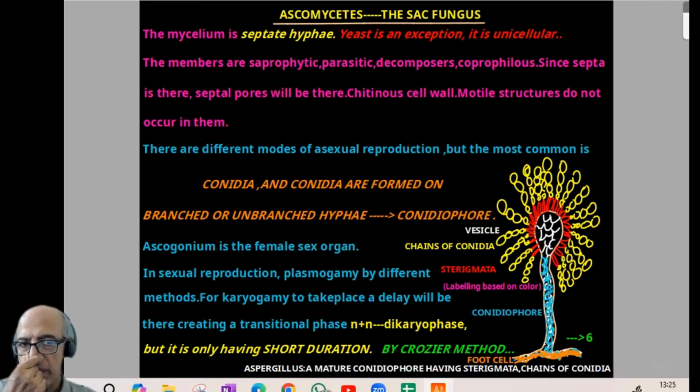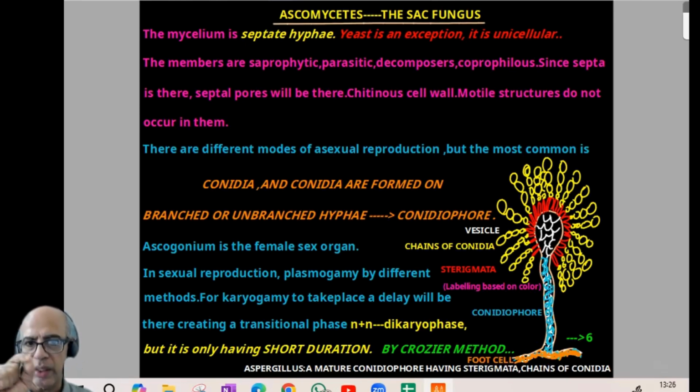Conidia are formed on branched or unbranched hyphae called conidiophore, which means stalk. Ascogonium is the female sex organ. In sexual reproduction, plasmogamy occurs by different methods. For karyogamy to take place, a delay will be there. So, in this exceptional case, they create a transitional phase, N+N, which is otherwise called the dikaryo phase, but it is only of short duration.